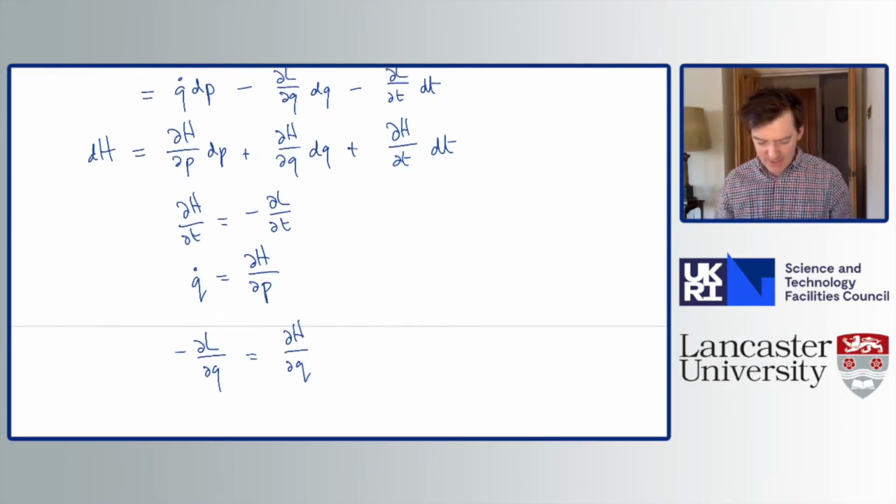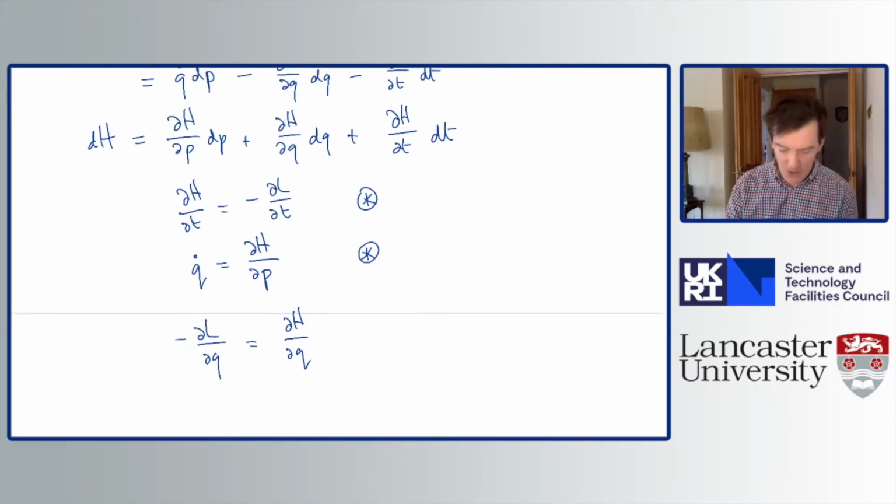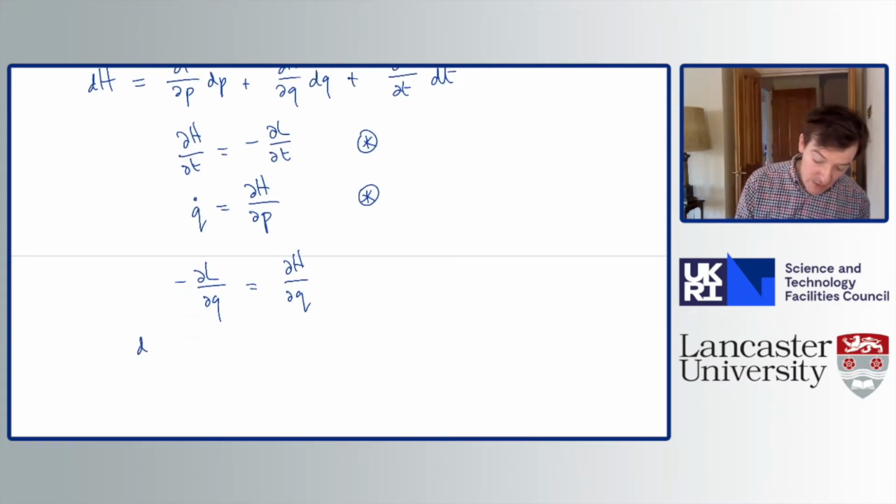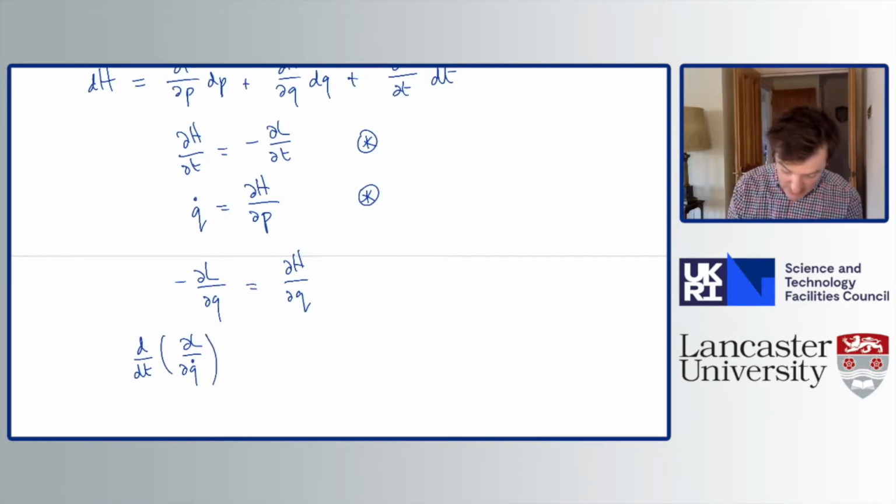These first two already look like quite nice equations. This third one isn't so intuitive at the minute, so we have to tweak it a little bit. We know from the Euler-Lagrange equation that the total time derivative of dL/dq dot is simply dL/dq.